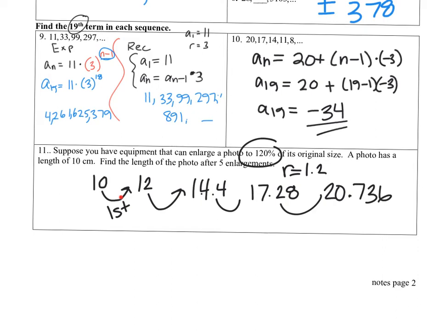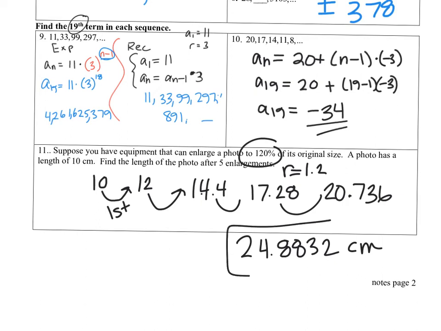So it went 1 enlargement, 2 enlargement, 3 enlargement, 4 enlargement. So I need to multiply it one more time by 1.2. And I get exactly 24.8832 centimeters.